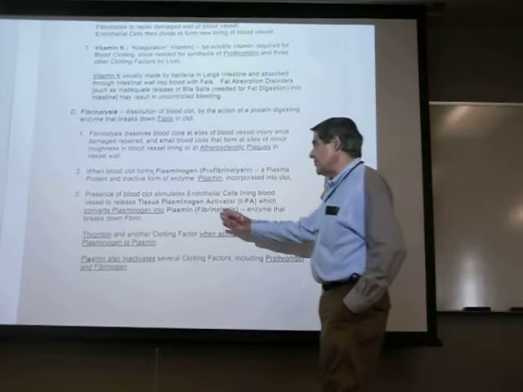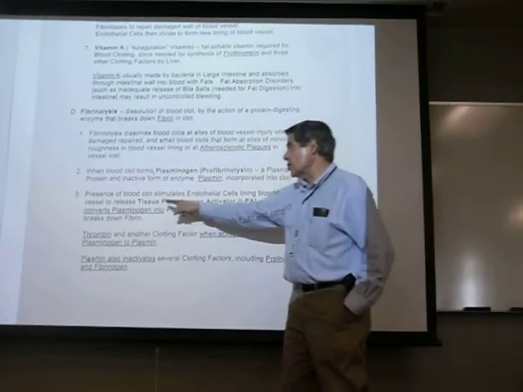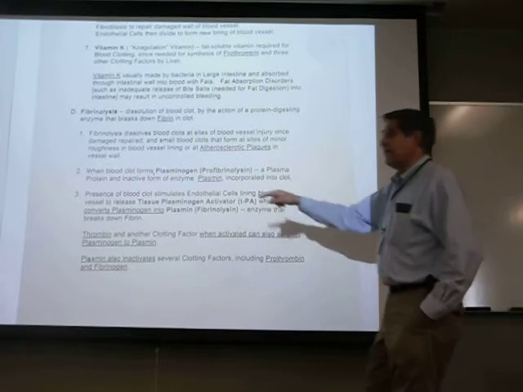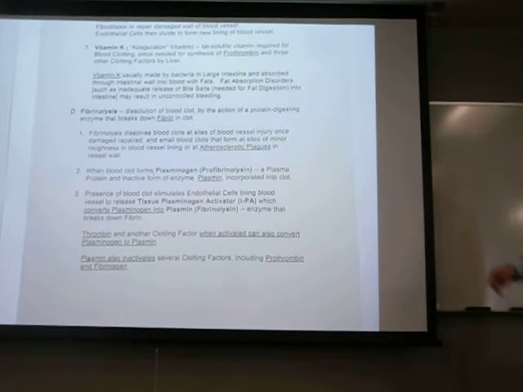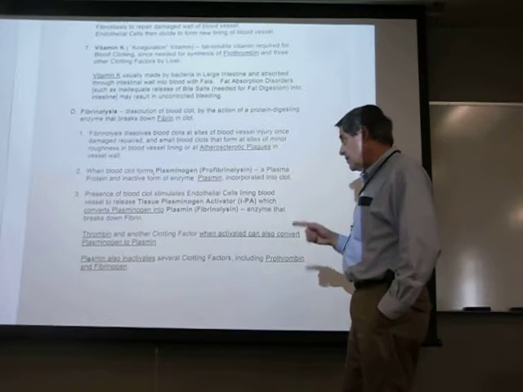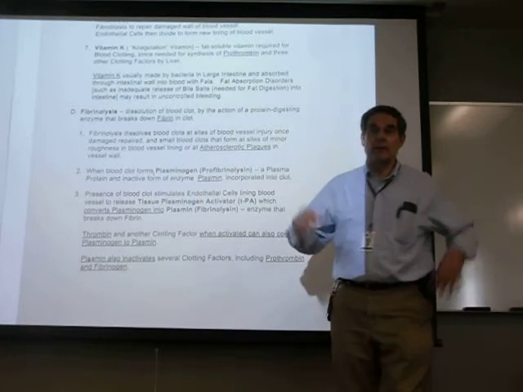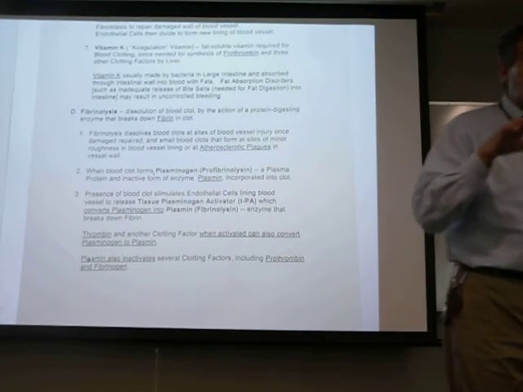And then it stimulates the endothelial cells, which line the blood vessels. They release what's called tissue plasminogen activator, TPA for short. And this is what converts this inactive form of the enzyme, plasminogen or profibrinolysin, into the plasmin or fibrinolysin. And this is what literally catalyzes a reaction to break down the clot.